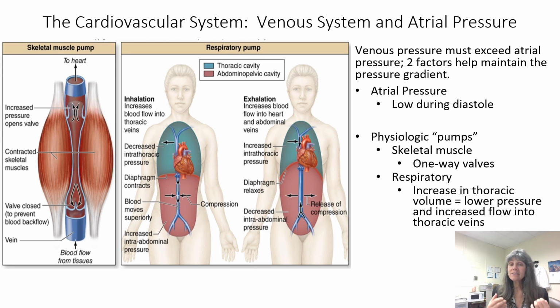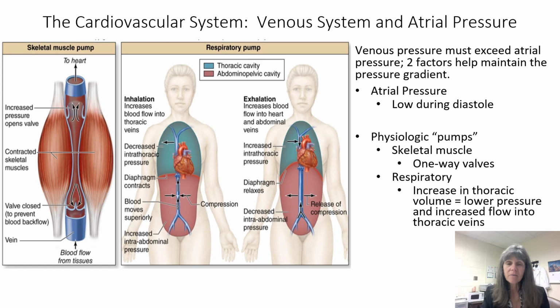And then when we exhale, that increased blood flow goes back into the heart, because now we have increased intrathoracic pressure when we exhale. That helps move blood through the superior and inferior cava to the right atrium, while the diaphragm relaxes and we have decreased intra-abdominal pressure, which allows more blood to come up into the abdomen.